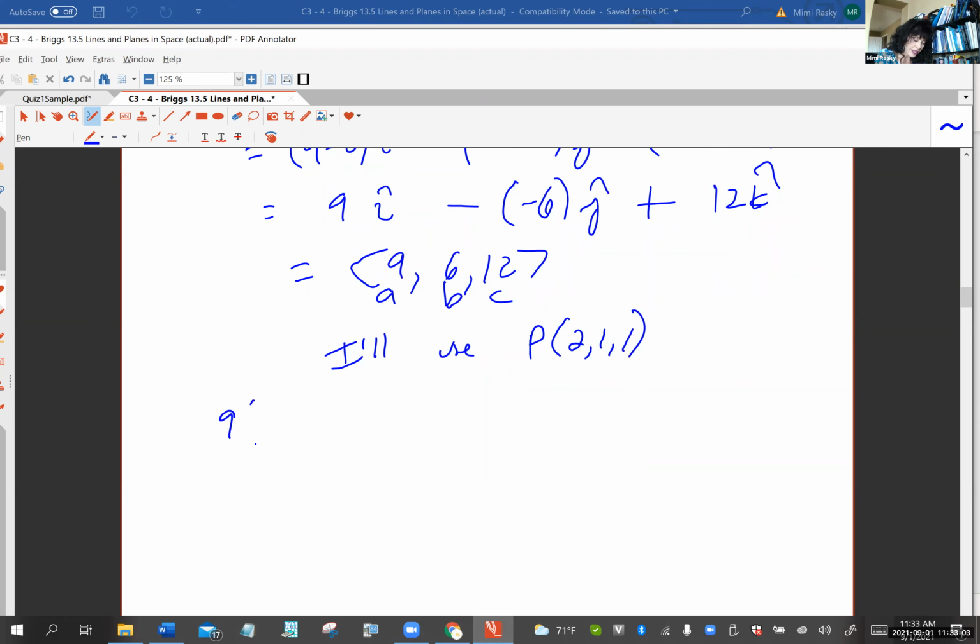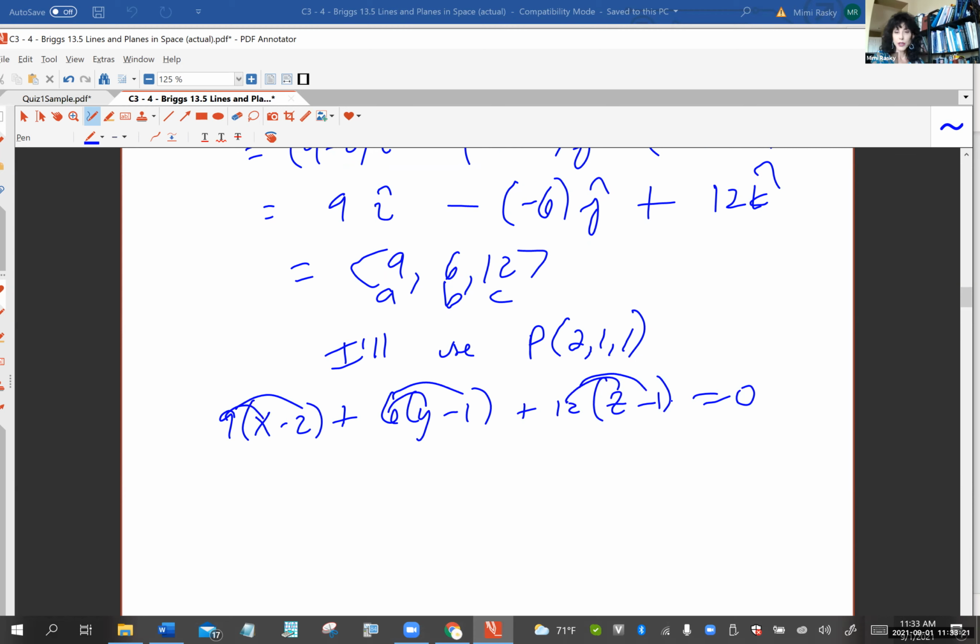So you're going to have, this is standard form, 9 times the quantity x minus 2, plus 6 times the quantity y minus 1, plus 12 times the quantity z minus 1, equals 0. And typically they want it multiplied out and made to look pretty without any parentheses. Do your algebra. So I'm just going to distribute the 9: 9x minus 18.